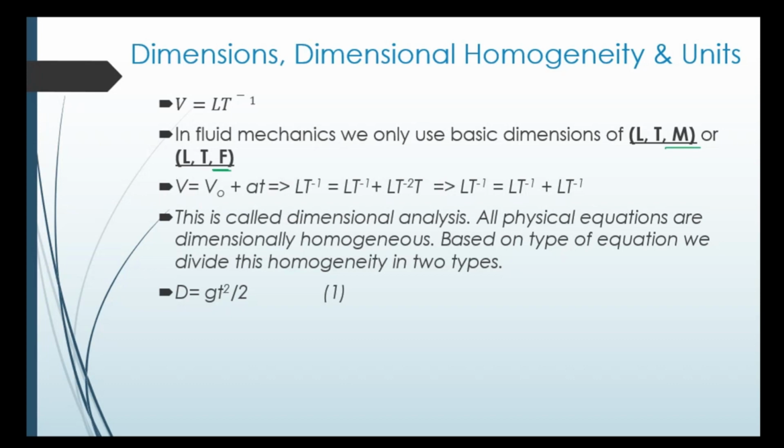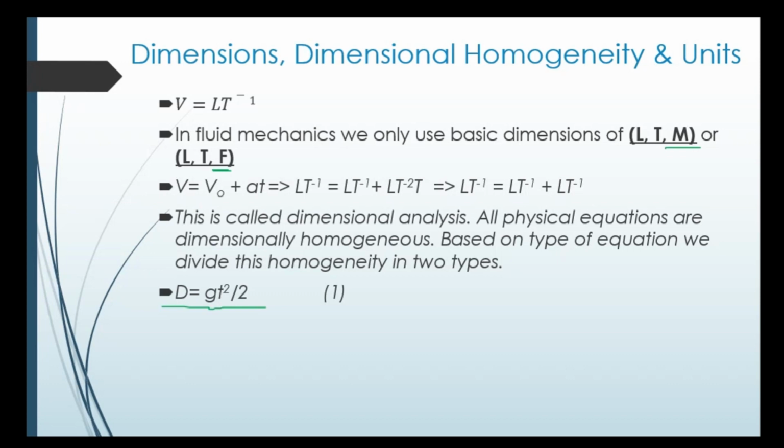But if a constant has a unit, now that is the point of concern. Like in equation number 1 on your slide, which I have underlined in green, d equals gt squared by 2, a modified form of your second equation of motion. d is distance, g is gravity, t is time.